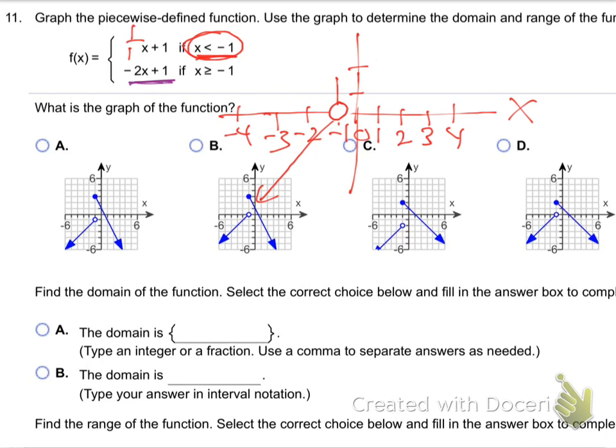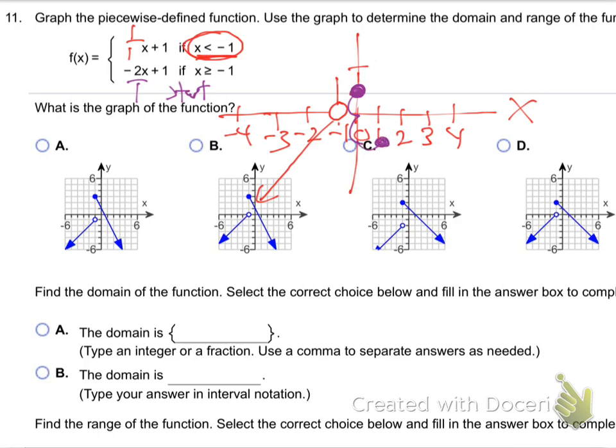Now minus 2x plus 1. So where's our first dot? Up 1 again. All right, we start there. It's our starting dot. And then what do we do with the slope? -2 over 1. Yeah. Down 2 over 1.